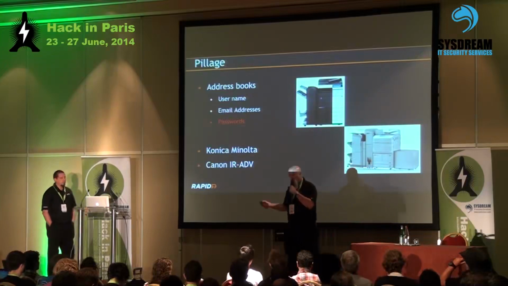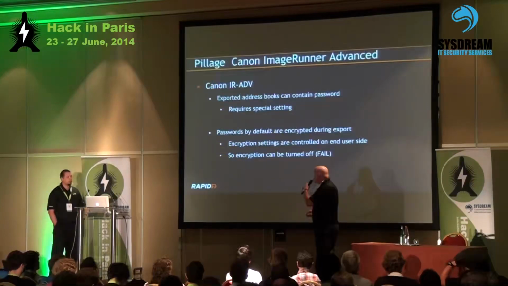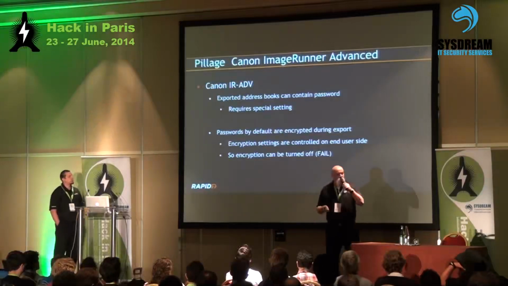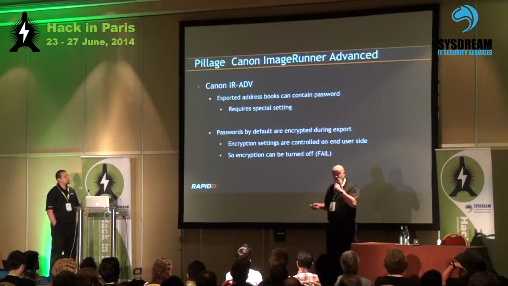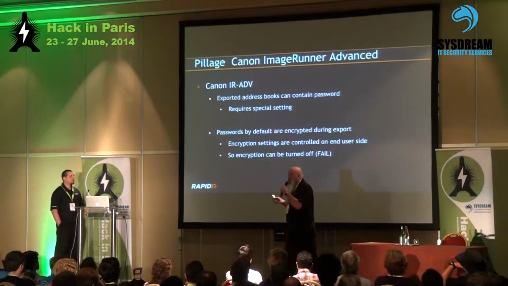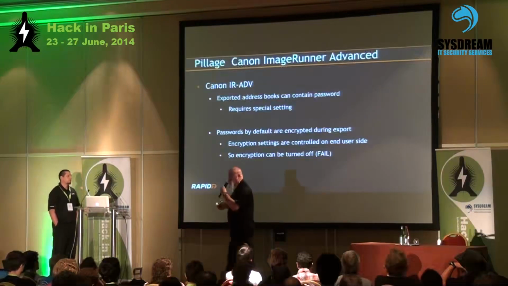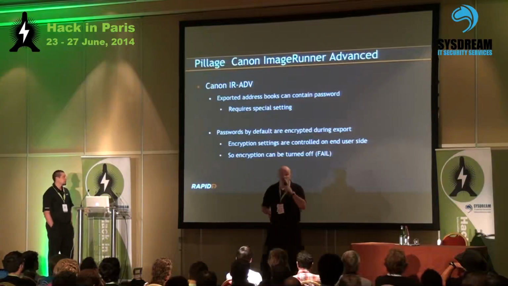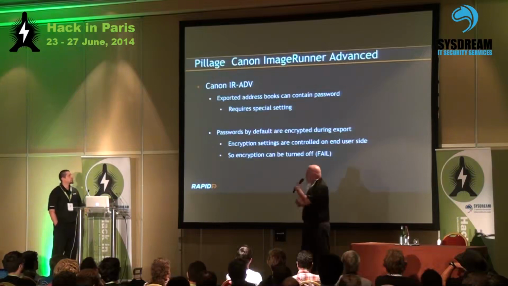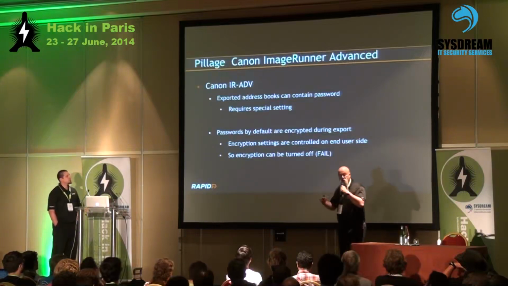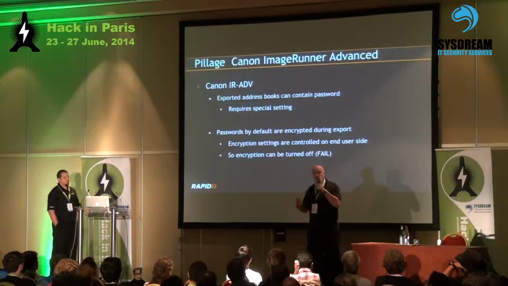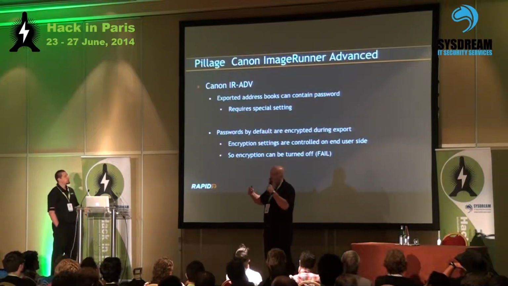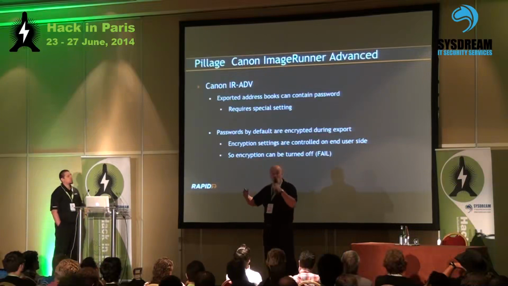So to start off with the Canon imageRUNNERs, it turns out these particular devices, the newer and the advanced versions, the only way to get the passwords out of it, you have to tell the printer to do this. There's a special setting you have to go into the printer to set to tell it to give us the actual passwords. Also, when you start exporting the address book, it's going to prompt you to actually enter a password, and it's going to encrypt the data.